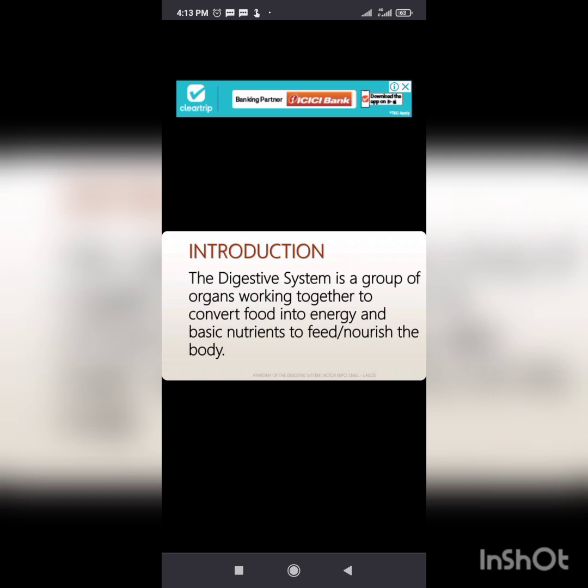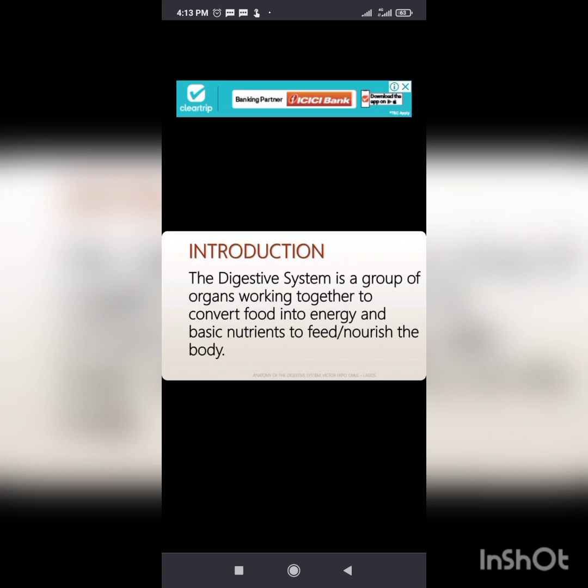Introduction to digestive organs. A digestive system is a group of organs working together to convert food into energy and basic nutrients to feed or nourish the body. Whatever food we take into our body has to get digested to get into the blood, and by that it can be converted into energy.